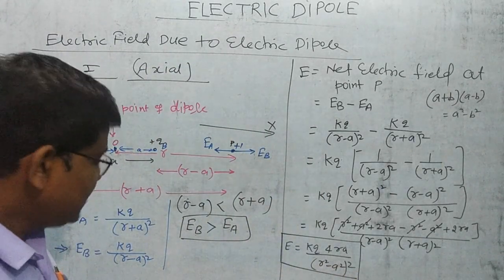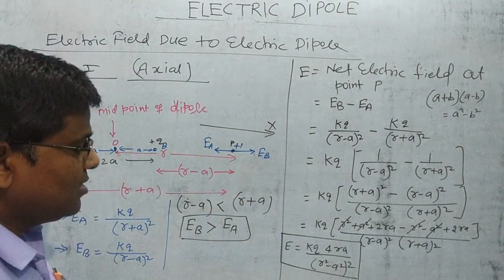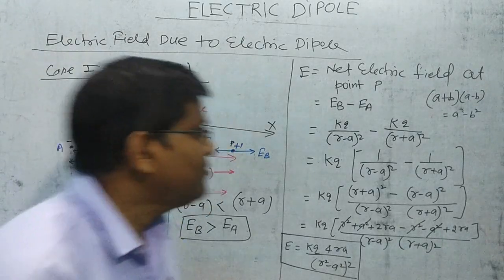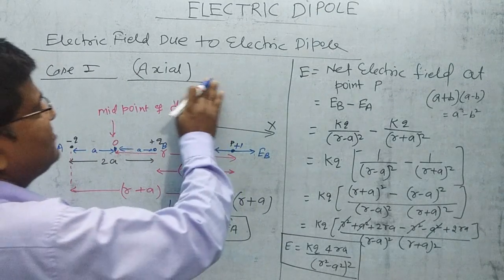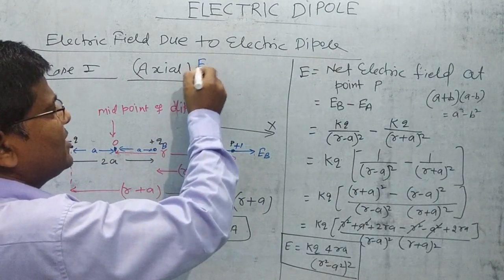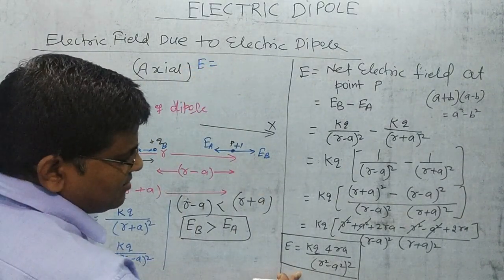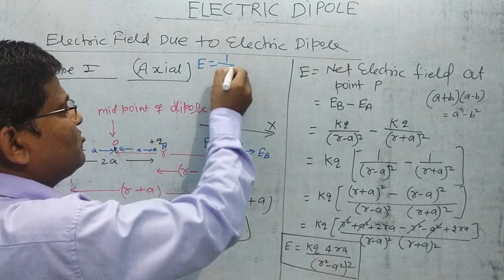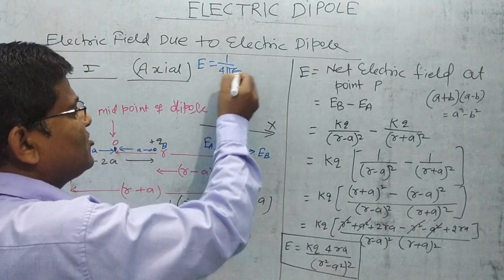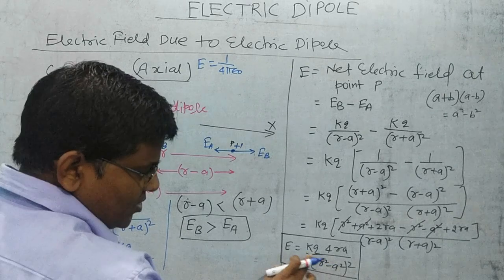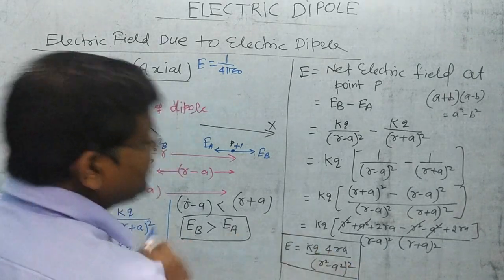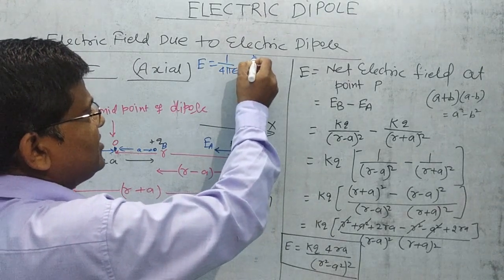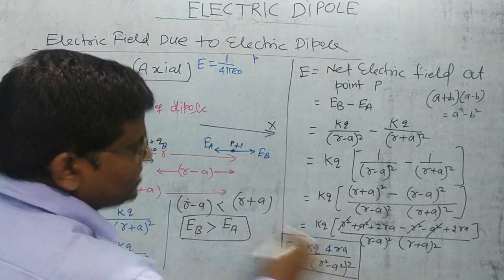But the format is not right here. I want to correct the format of the electric field. Here K means 1 by 4 pi epsilon naught, and Q into 2A is P, the dipole moment. Then the remaining is 2R.